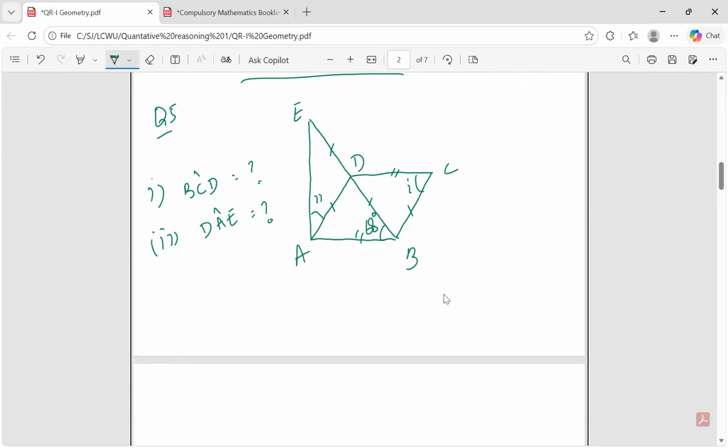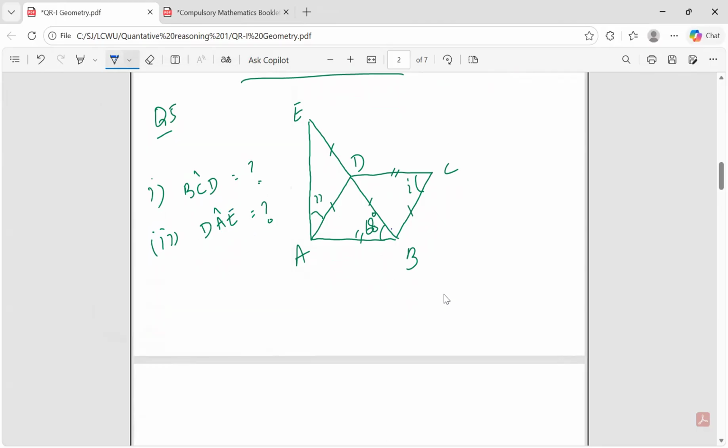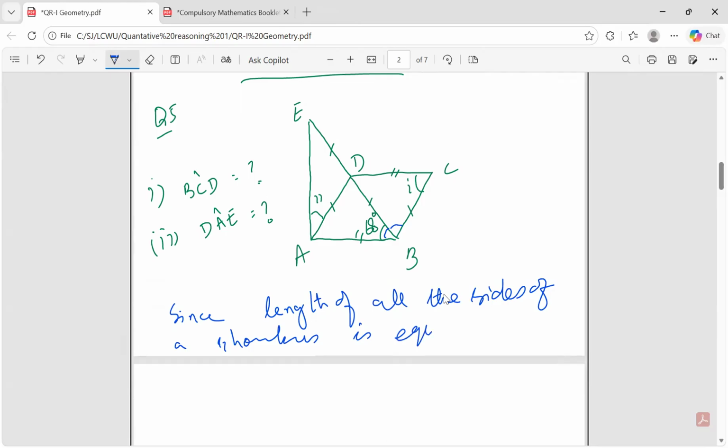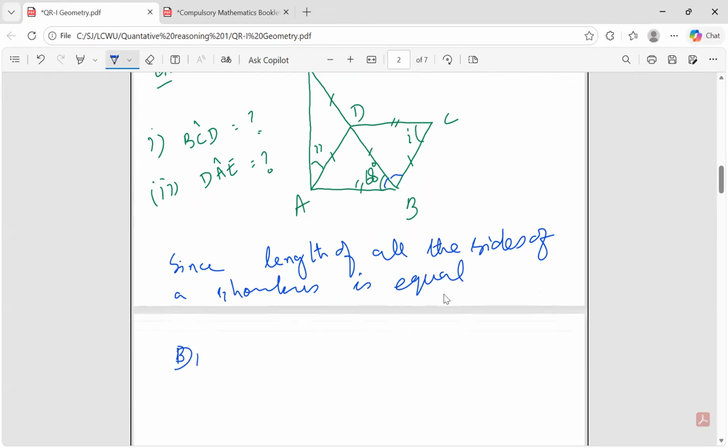Now this angle is 68 degrees, and this diagonal, since the lengths of all the sides of a rhombus are equal, bisects the angles.